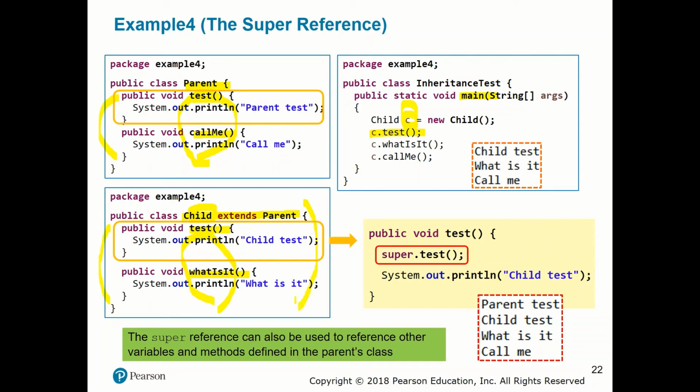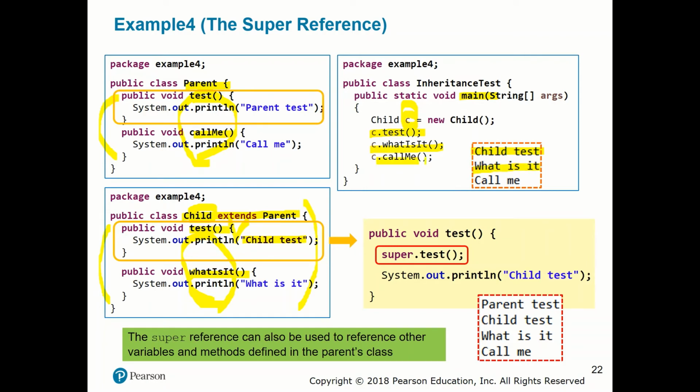And this time, computer finds the test method here. So child test is printed out. And then see that what is it method is here. So this is printed out.